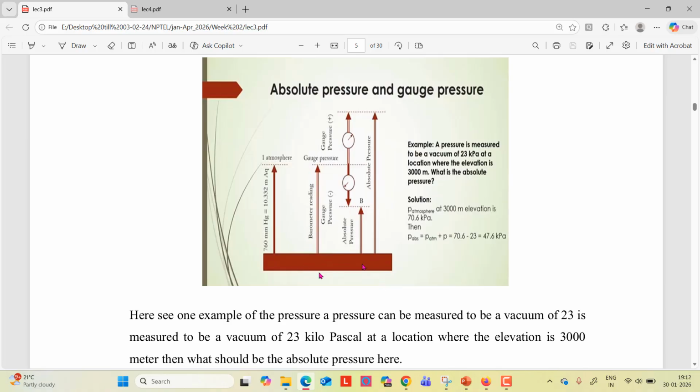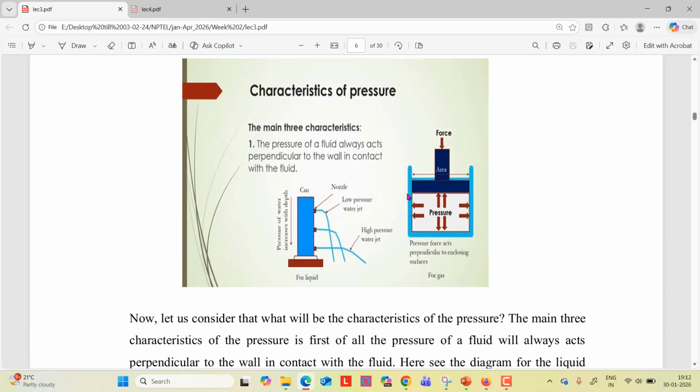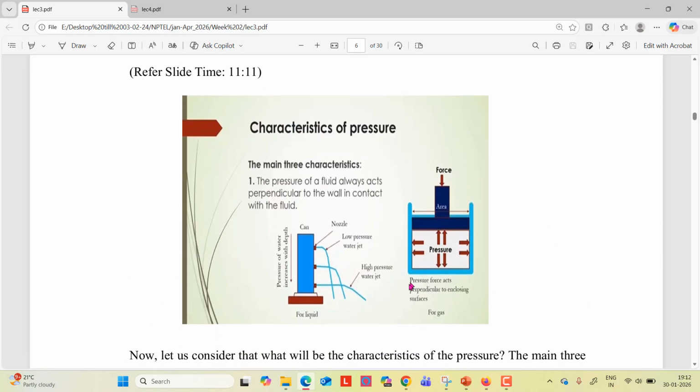This is the same thing they are explaining. It is shown here how height affects the pressure of water or any liquid. The top water jet has low pressure and the bottom-most water jet has the highest pressure, right?